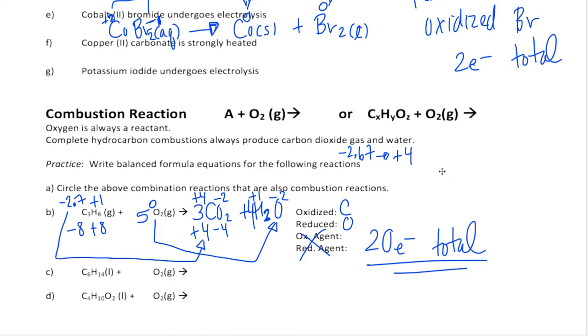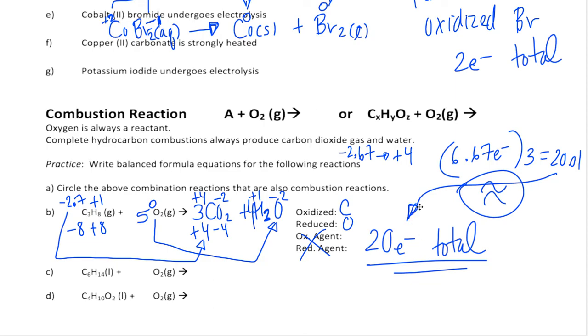So we have 6.67 electrons times 3 is right around 20. Right? It's 20.01. So similar, right? Similar to the numbers with the oxygen. We just lost a little bit because of the decimal.